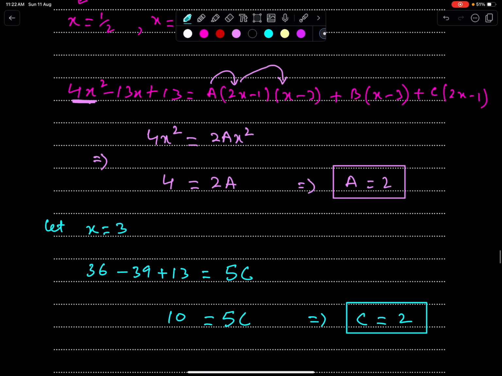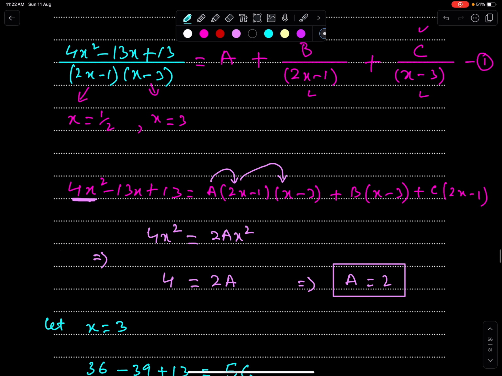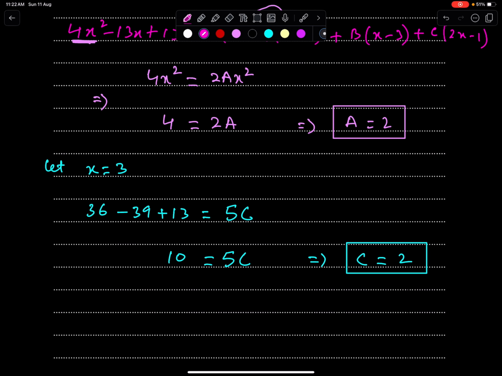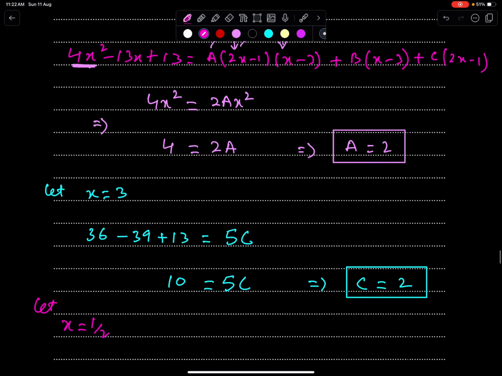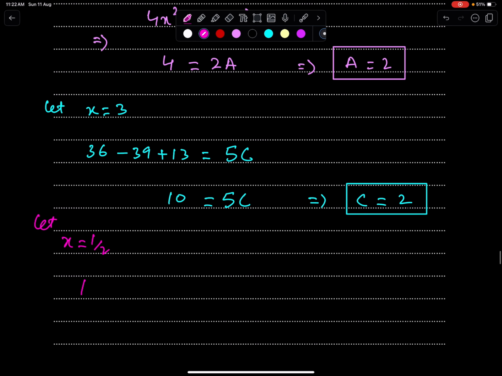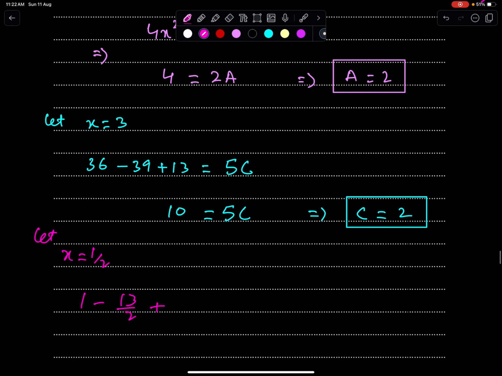Now let's substitute x equals half into this equation. So we'll get 1 instead of 4x square, then 13 upon 2, then 13.